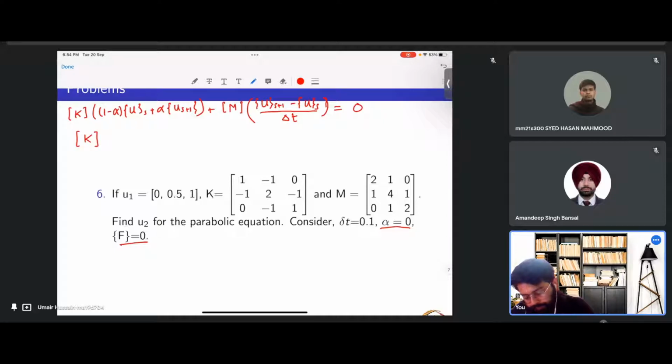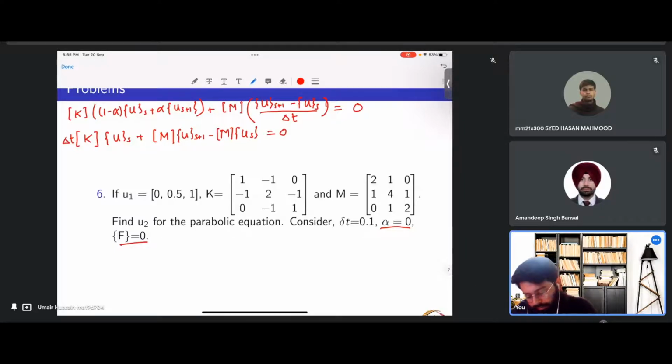So we are left with k times u s plus m times, so delta t is also here, m times u s plus 1 minus u s, plus 0.